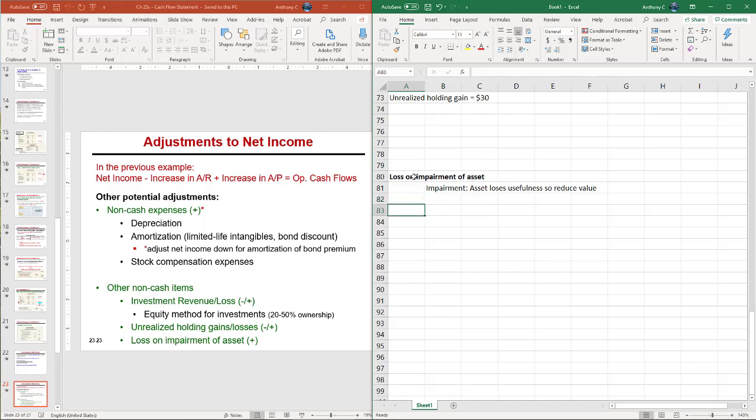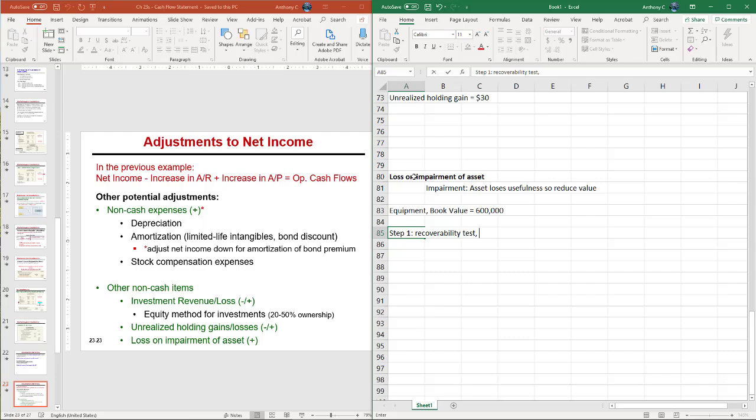If it helps, we can just look at a brief example here. So let's just say we have equipment that has a book value equal to, let's just say, 600,000. Right, when we do an impairment loss test, we go through a two-step process. So step one was the recoverability test, where we're asking, can we generate enough cash with this asset to at least recover the book value of the asset?